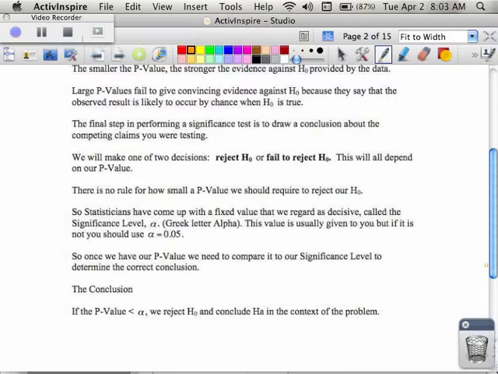The two phrases are that you either reject the status quo, which was your null hypothesis, or you fail to reject it. They don't say you accept your alternative or accept the null. I find that kind of strange. It's always about failing: the null hypothesis failed and that's why you reject it, or you fail to reject it because you didn't have enough evidence to prove otherwise.